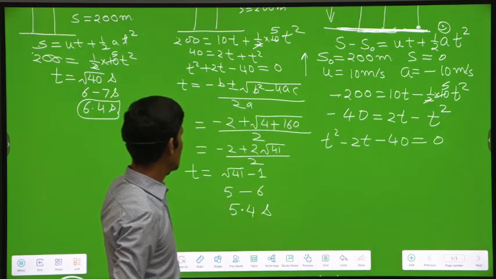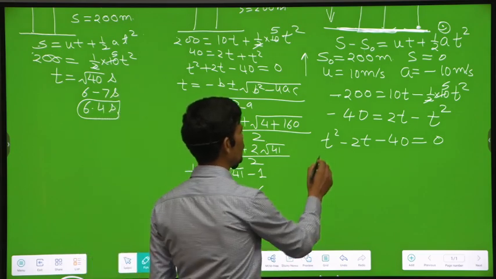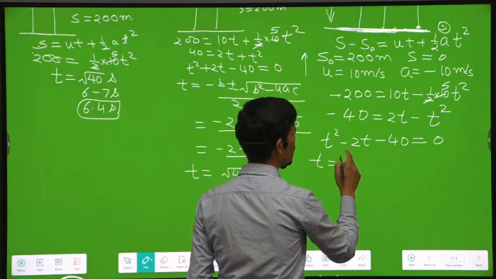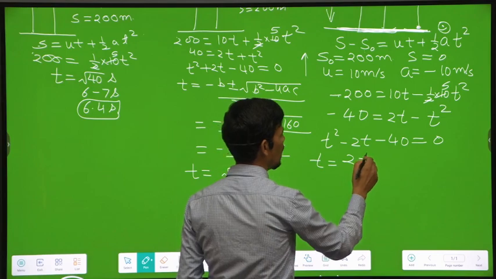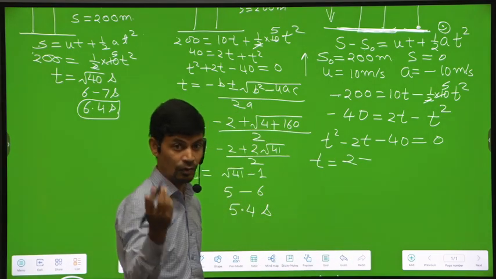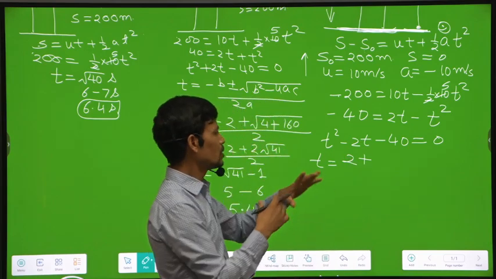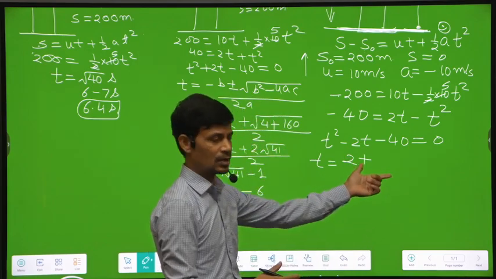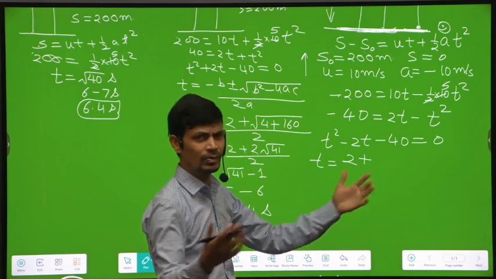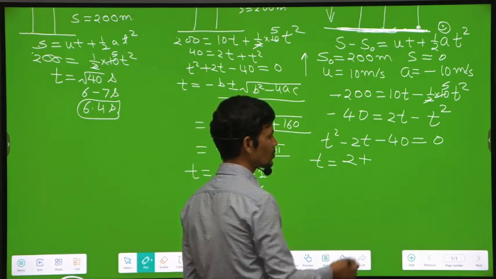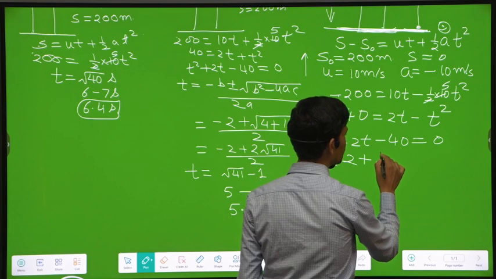Again, apply the quadratic formula. So t will be equal to minus minus plus 2, and we will take only the positive value. We can take the negative sign also, but inside the discriminant term that will be a bigger number, so we are avoiding the negative sign.